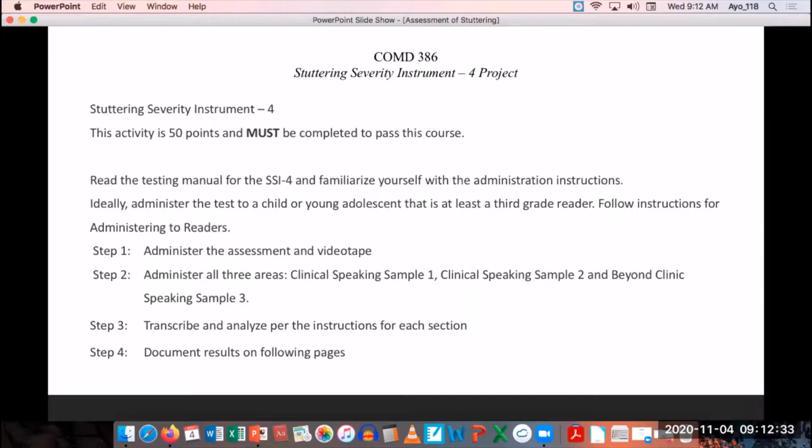First thing you want to do is read the testing material and familiarize yourself with the administration instructions. Ideally, this is not going to work for everybody. Ideally, if you can test a young child around a 3rd grader who can read, that's great. Some of you will not have that.